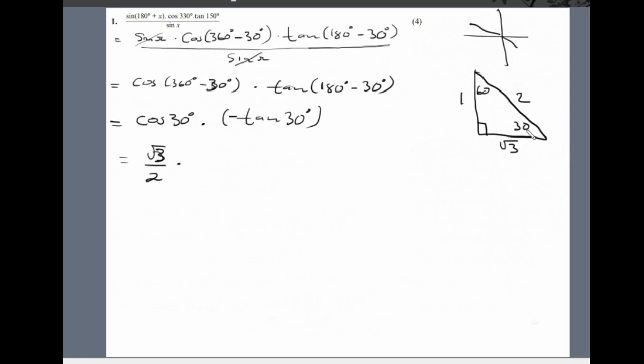And then minus tan 30. Tan 30 is opposite over adjacent, so that's minus 1 over the square root of 3. The square root of 3 and the square root of 3 will cancel. We'll have minus 1 over 2. And then you get your 4 marks, right?